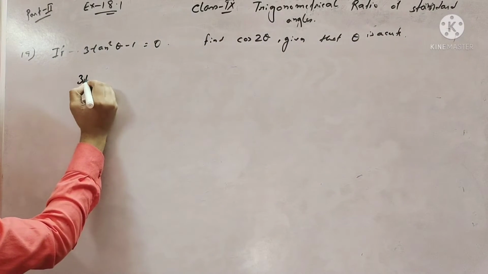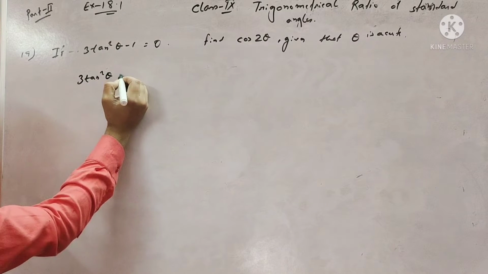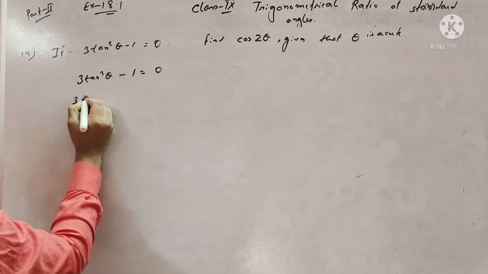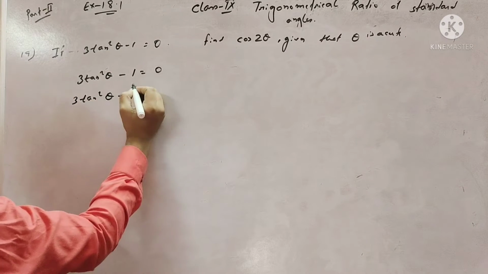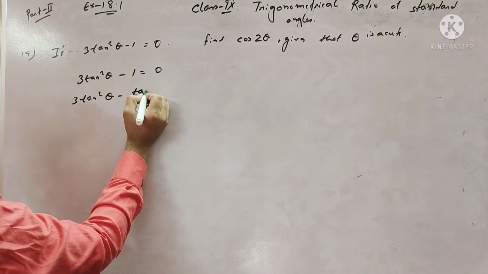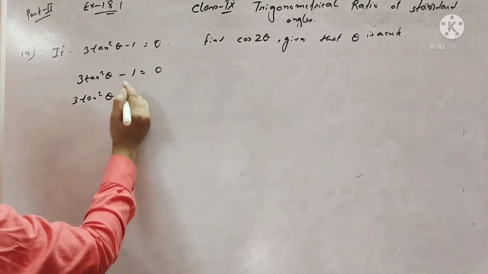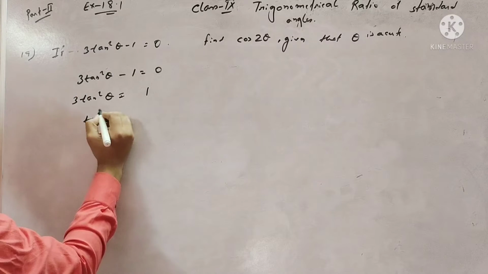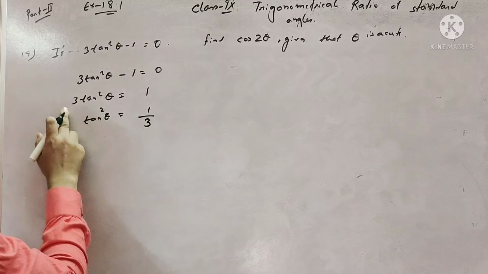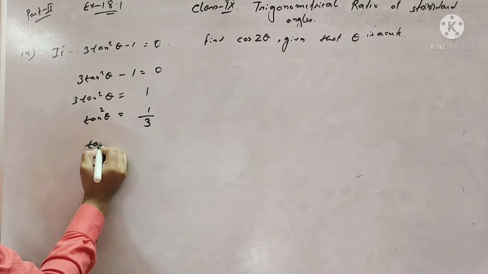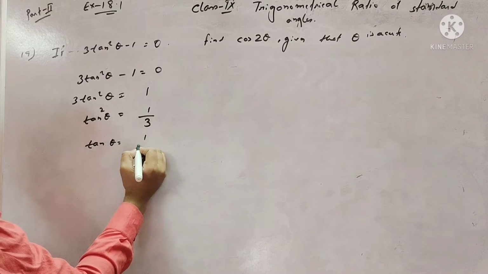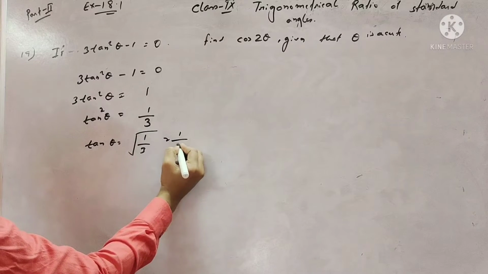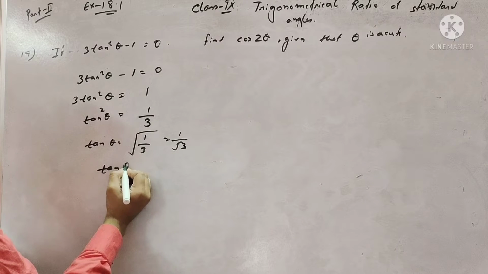So 3 tan square theta minus 1 equals 0. The 1 going this side, tan square theta equals 1 by 3, that means tan theta equals root over 1 by 3, that means 1 by root 3.